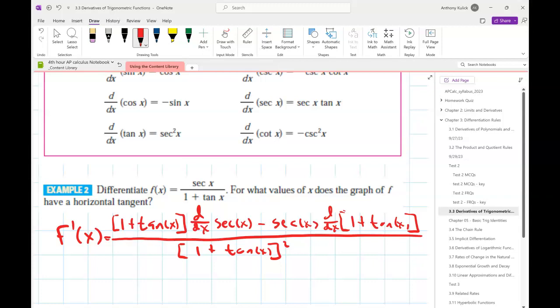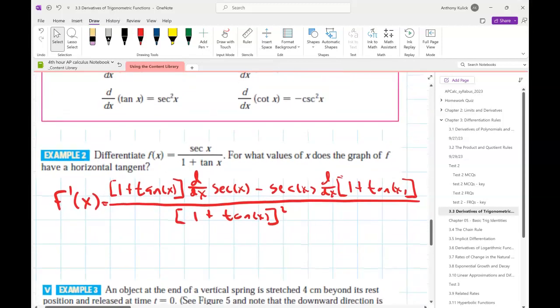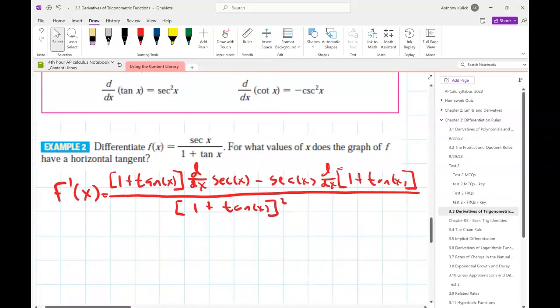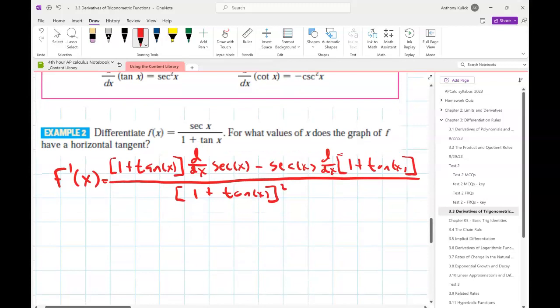Okay, so let's do some derivatives now. What's the derivative of secant?